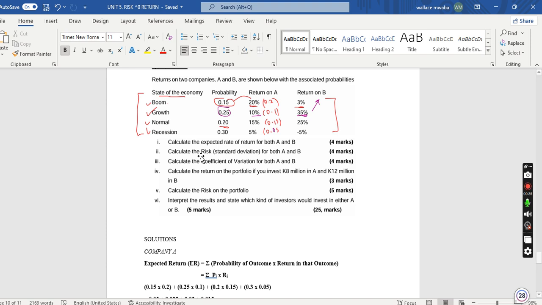Risk in this sense is just how far your actual return differs from your expected return. Even though you have been given the expected returns for these two companies, it doesn't mean that if you invest in them you're going to get those expected returns which you have calculated. They might differ because, as I said, the financial markets and the economy are ever changing.